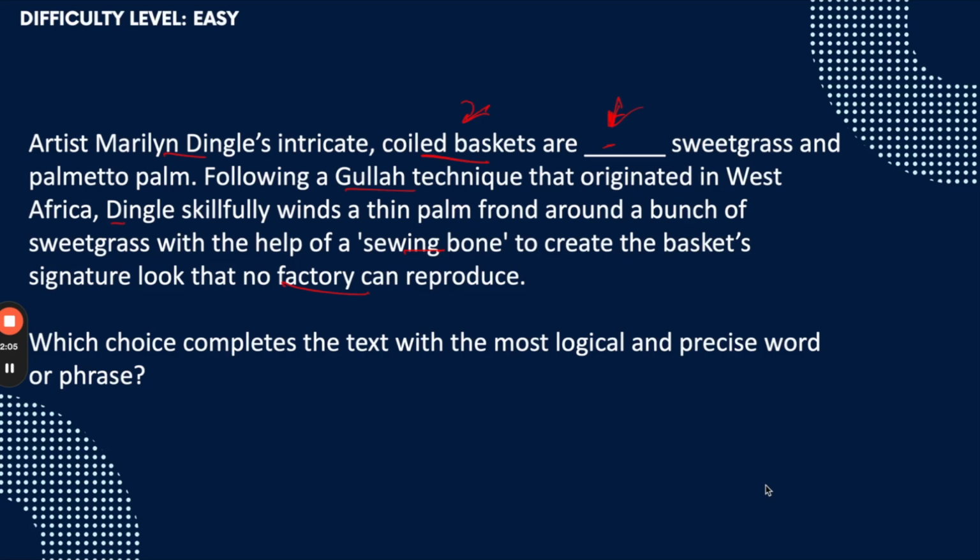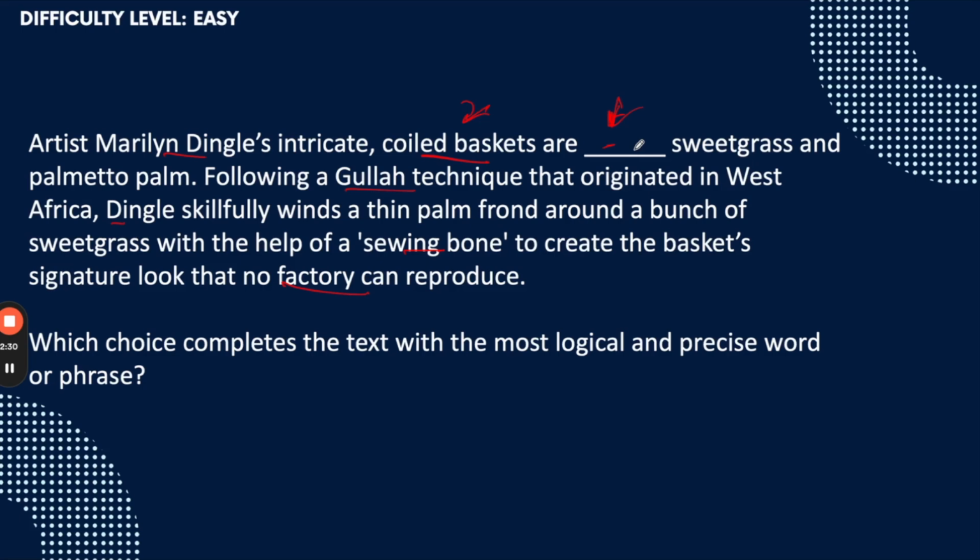Based on this understanding, we need to find a word that explains the relationship between the baskets and the materials used. The sentence is trying to explain that these baskets are made from or constructed from sweetgrass and palmetto palm. So the word we are thinking of is something like handmade or crafted from these materials. This is the context that's been set in the whole text.